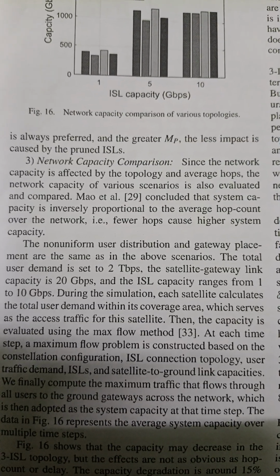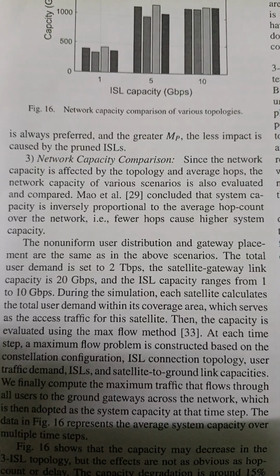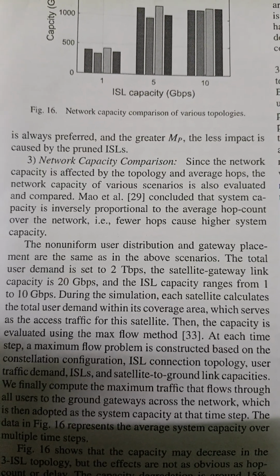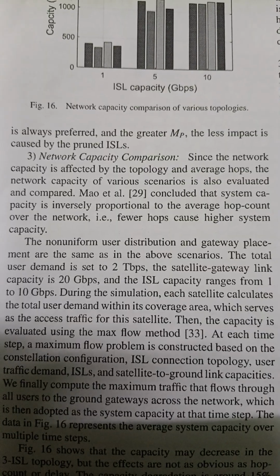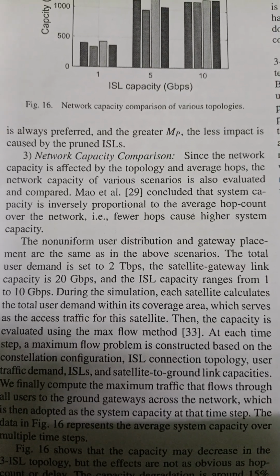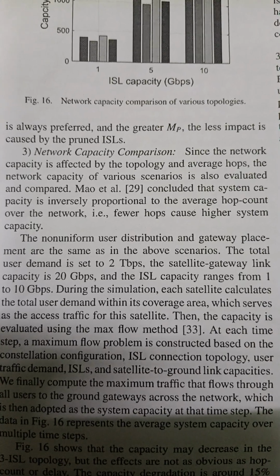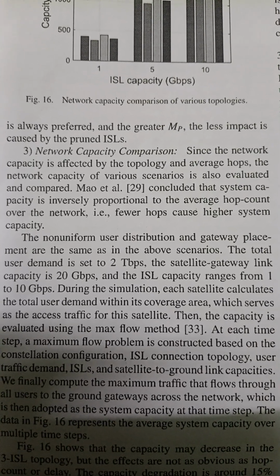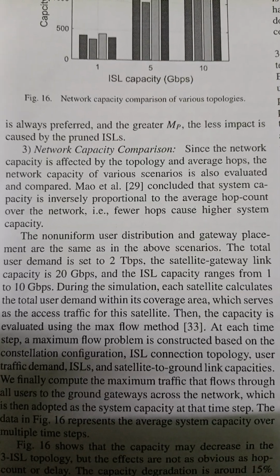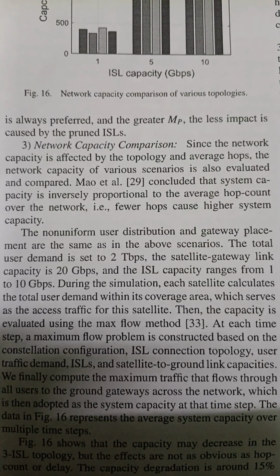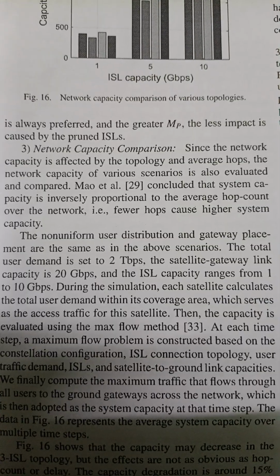During the simulation, each satellite calculates the total user demand within its coverage area, which serves as the access traffic for this satellite. Then the capacity is evaluated using the max flow method. At each time step, a maximum flow problem is constructed based on the constellation configuration, ISL connection topology, user traffic demand, ISL, and satellite to ground link capacities.